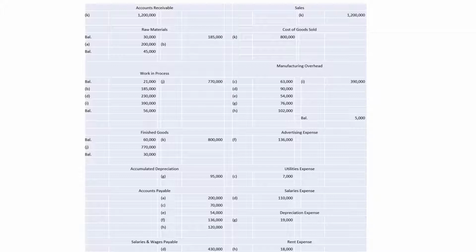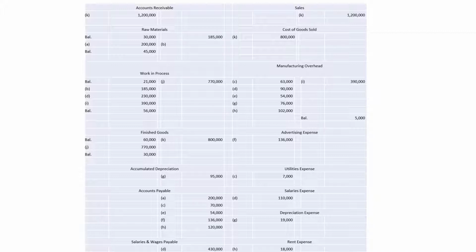K, we debited accounts receivable for $1.2 million, credited the sales T account, $1.2 million. We then debited cost of goods sold, the expense account, for $800,000, and credited finished goods, $800,000. So that is how all the T accounts would have been affected by our journal entries.